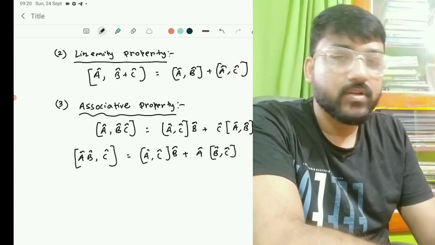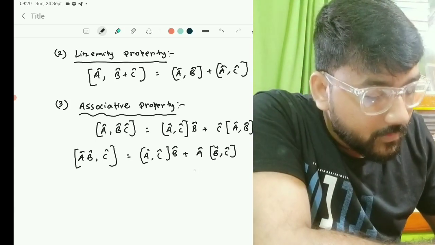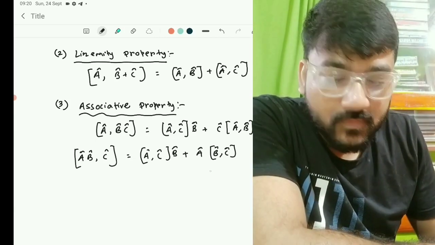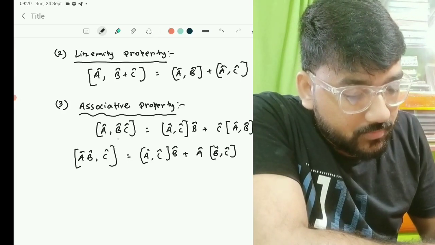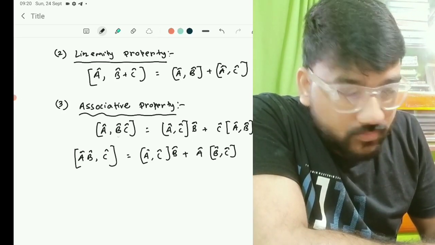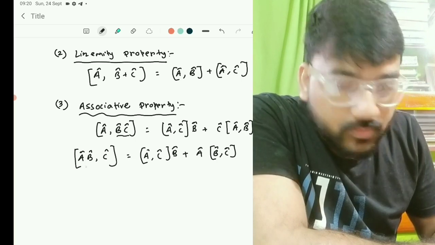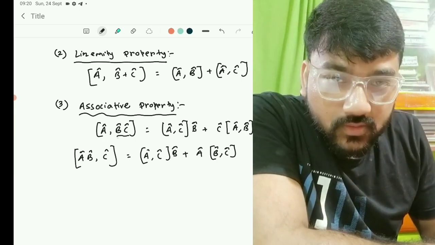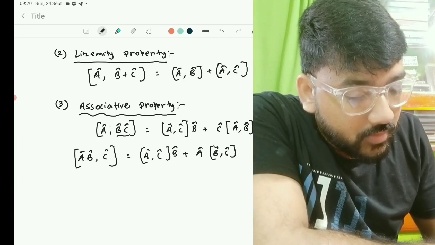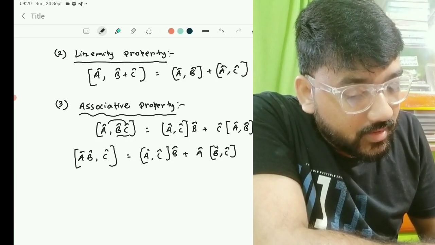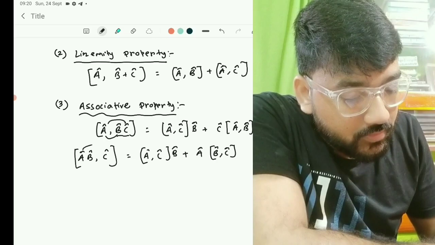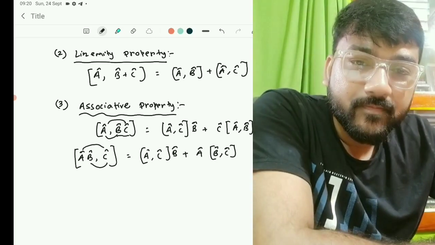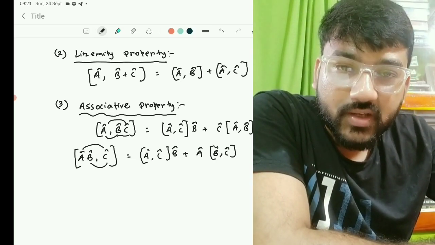So you can write it in this way. So this is also the associative property. You have to keep in mind whether the multiplication is after the comma or before the comma. If after the comma there is multiplication, first a with c, then a with b, and here also a with c, then b with c. So in this order you have to write.